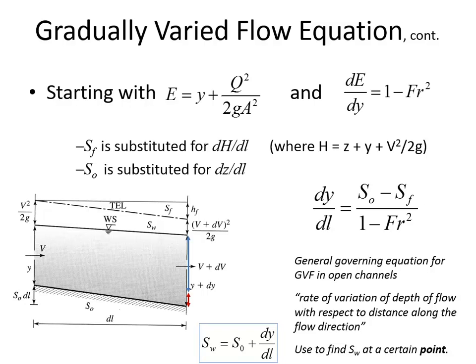So here, if we wanted to know SW, SW would be 0.00015 plus 0.000139. Let's see. 1, 2, 3, 4. Yeah. So what is that? 0.000289 would be the water surface slope.